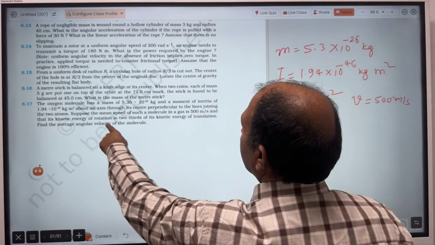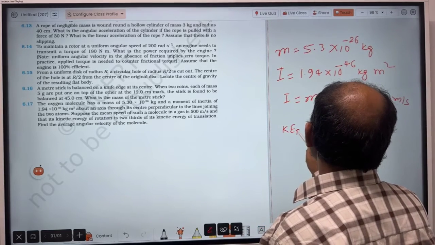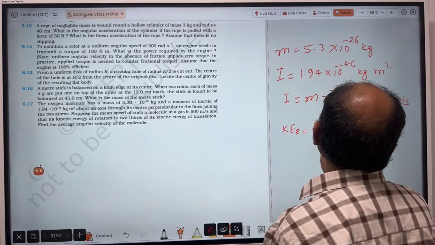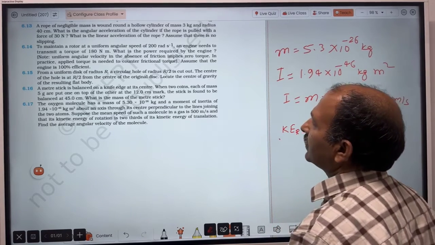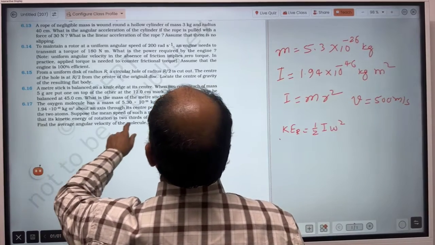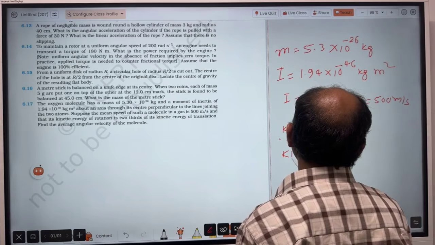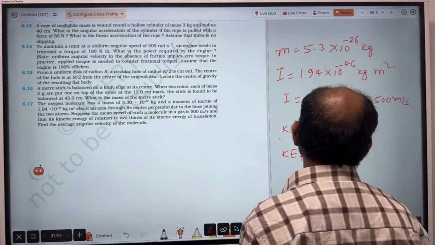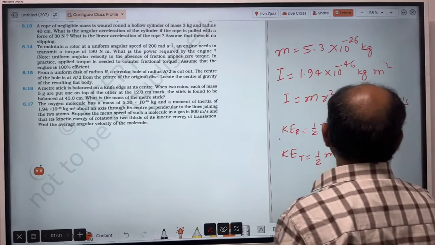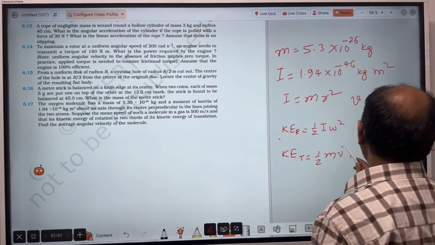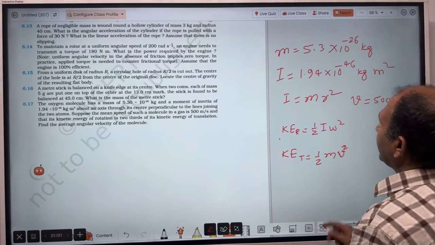Also another condition is given, on the kinetic energy of rotation. KE rotation is equal to 1/2 I omega square, and it is 2/3 of kinetic energy of translation. KE translation is equal to 1/2 mv square, right? But there is a condition. What is the condition?